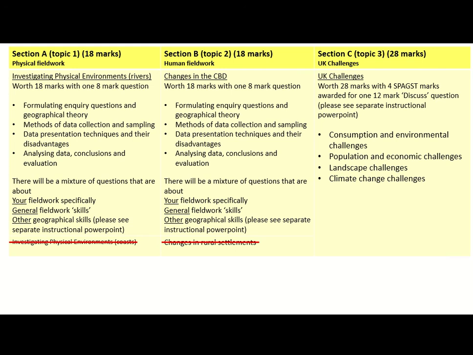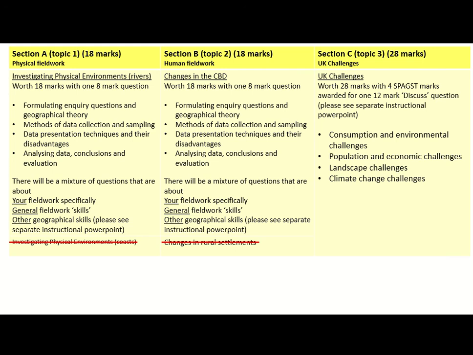Now, again, there is a separate revision session recorded for how to answer the discuss question very specifically. So once you've mastered the 8-mark questions, which really are the ones you should go for, the discuss question is ever so slightly different with regards to what you need to include in it. So there is a separate revision PowerPoint to help instruct you on that.